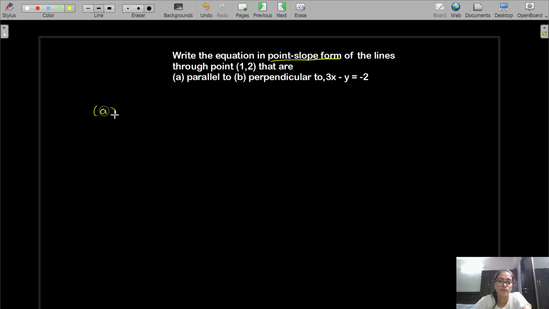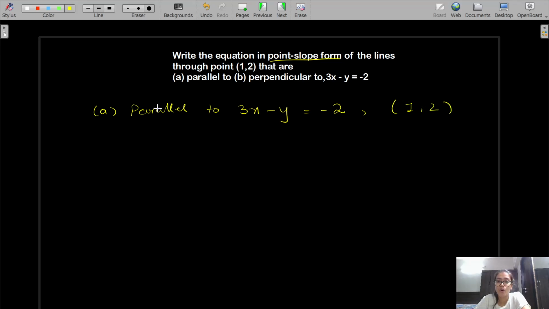So first we have to write the equation of a line which is parallel to the line 3x minus y equals -2 and it passes through the point 1, 2.